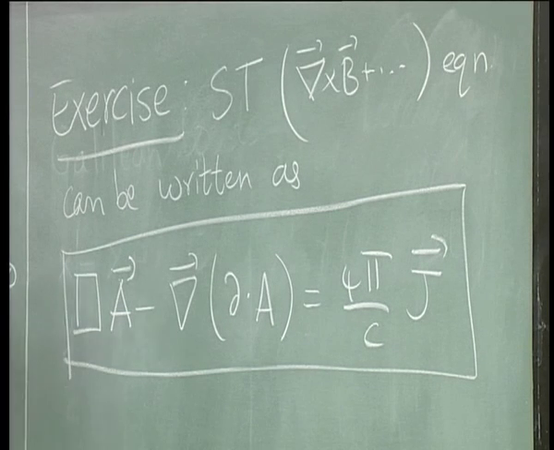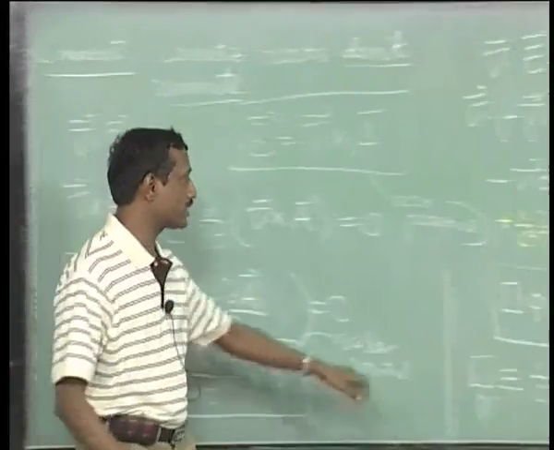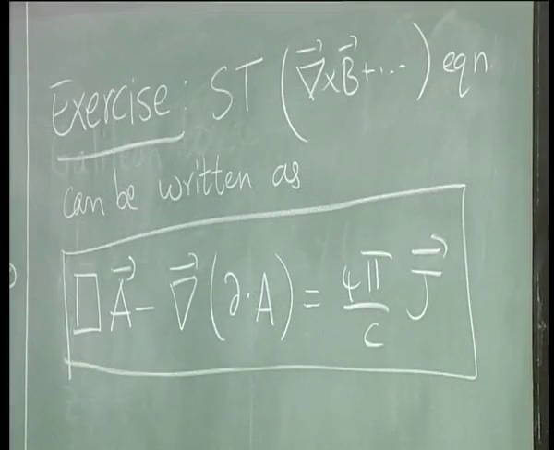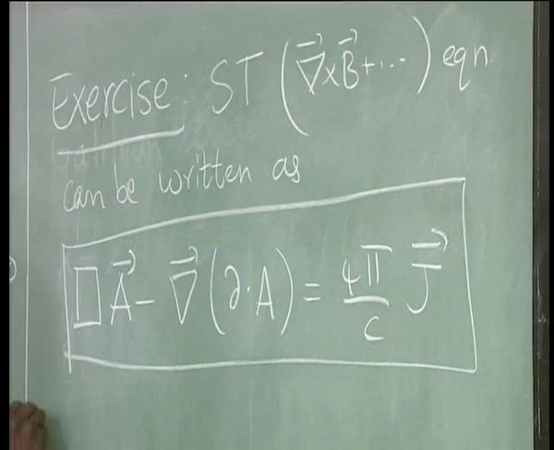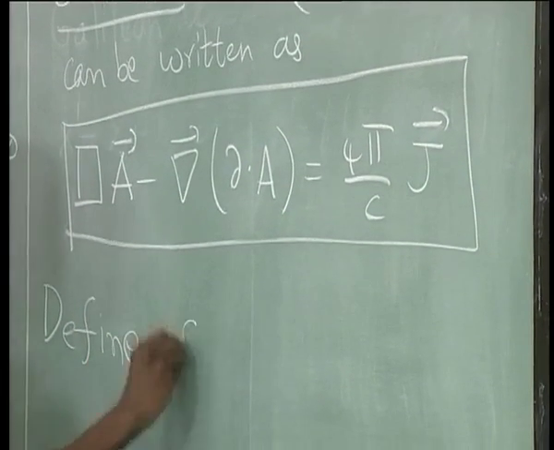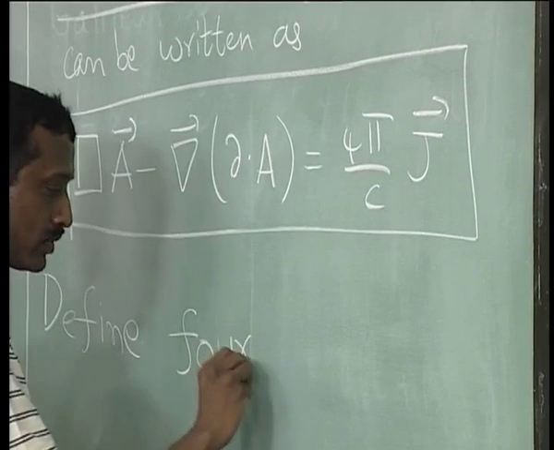So, let us see how we can combine. What we will do now is to combine these equations. So, if you just do in raw counting, this is one scalar equation and there are 3 equations out here. We will write this as one equation with 4 components like we have done here, and so we will define a bunch of objects which we will call 4 vectors.